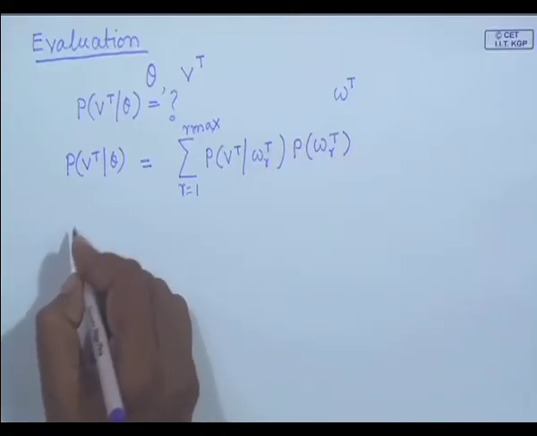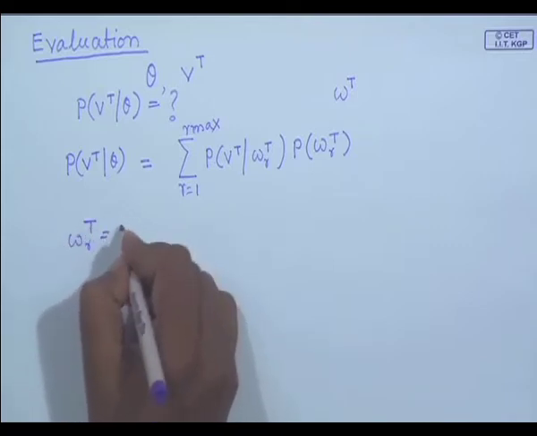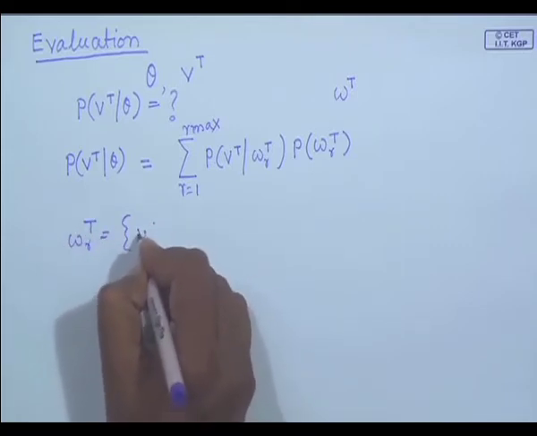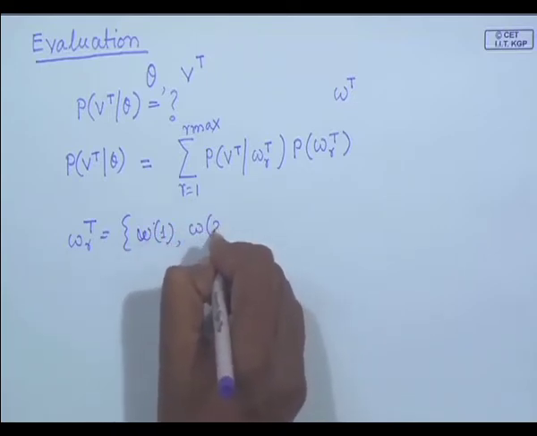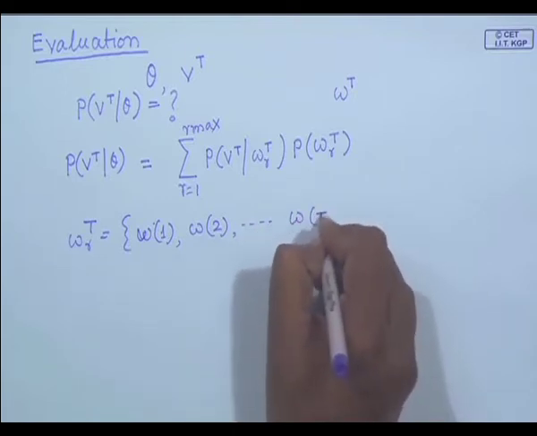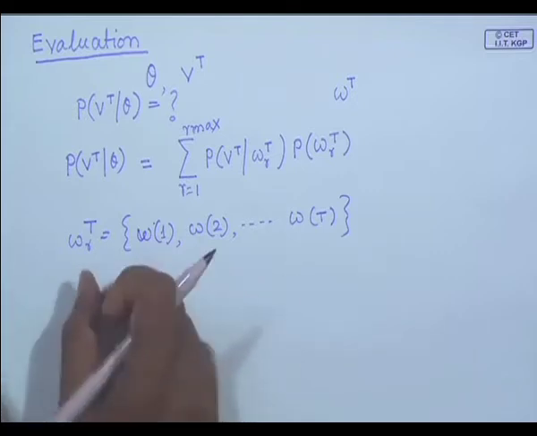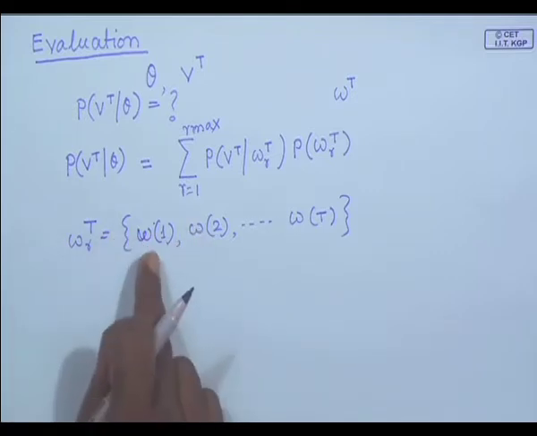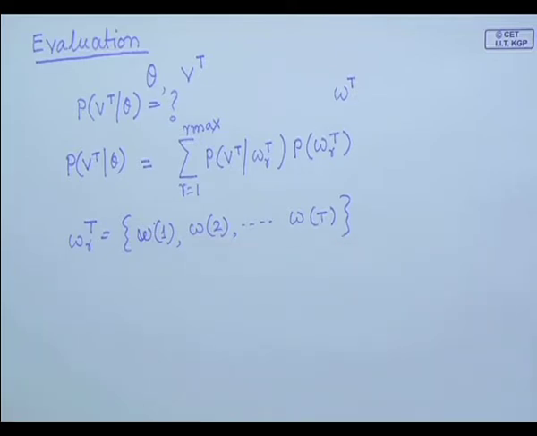Now, this omega_r^T is nothing but omega at time instant 1, omega at time instant 2, continuing up to omega at time instant capital T. For different sequences I will have different values of omega 1, omega 2, omega 3 and so on.